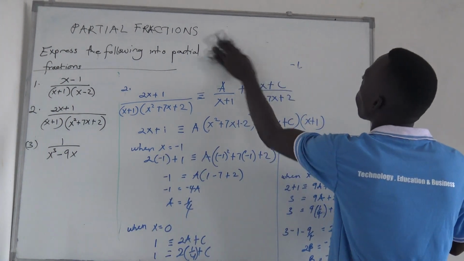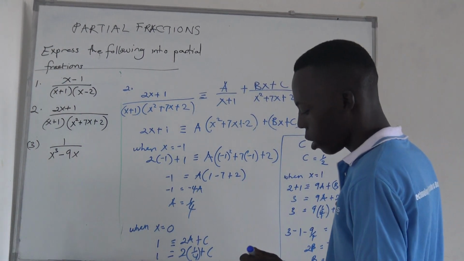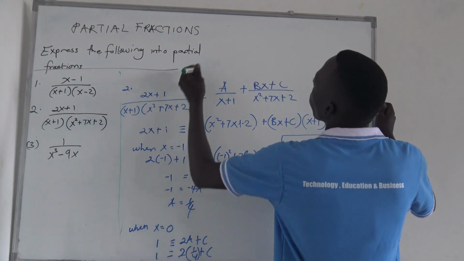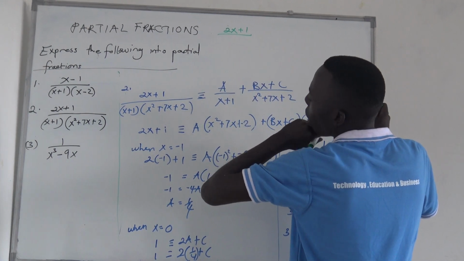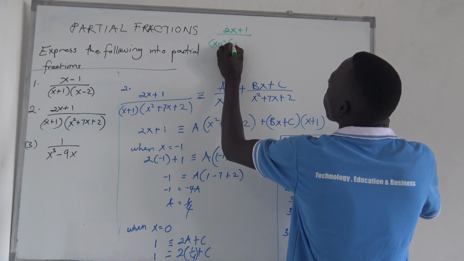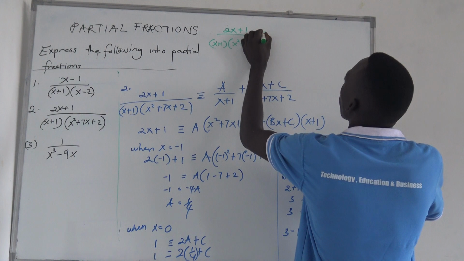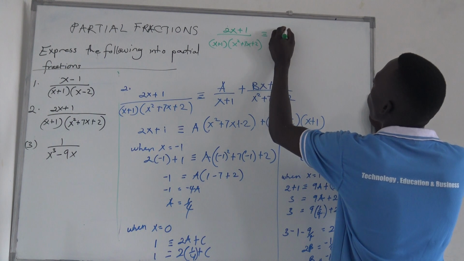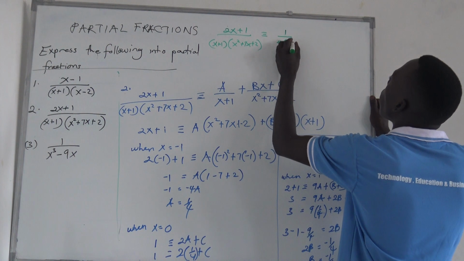So I'm going to substitute from down here, from up there. We are going to find out from our expansion that 2x plus 1 out of x plus 1 and 2x squared plus 7x plus 2, this one will be equivalent to the a we said it is a quarter, so it is 1 out of 4 into x plus 1.